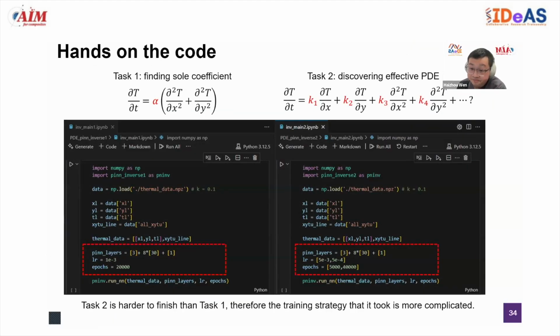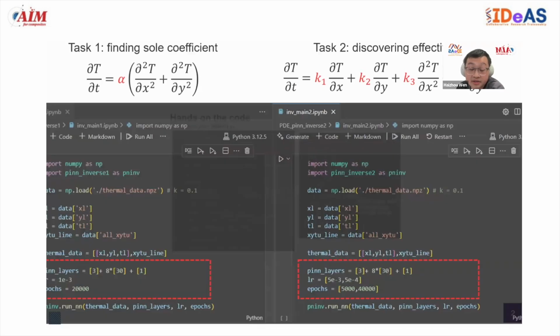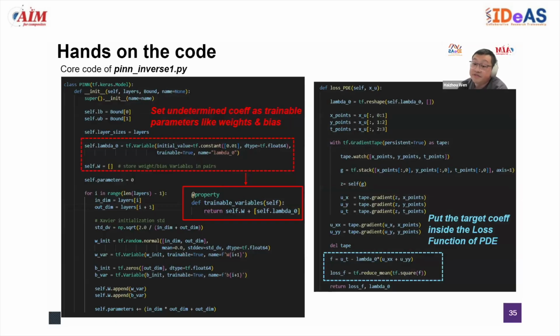And we know the second inverse problem is naturally more complicated than the first one, since there is more uncertainty that the PINN needs to fix. Therefore, you can see the number of training epochs is higher and the training strategy adopts two stages of learning rates. The definition of the undetermined coefficients of the PDE is inside the inverse PINN model.